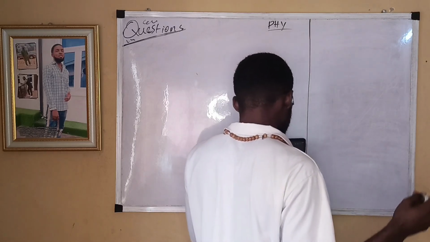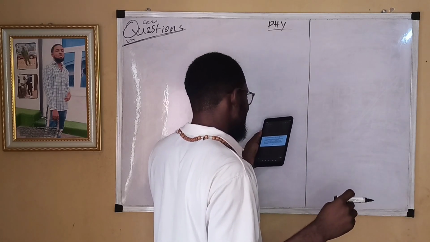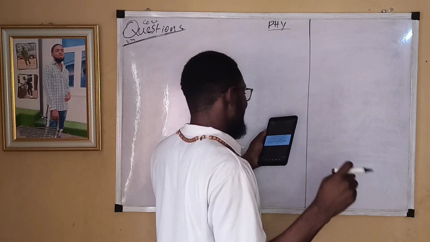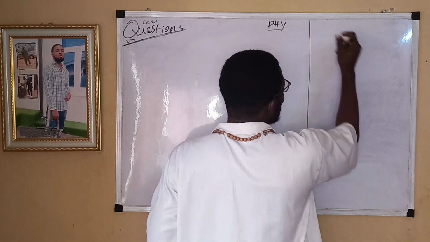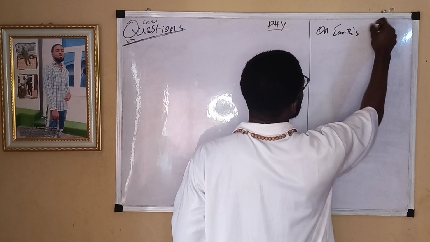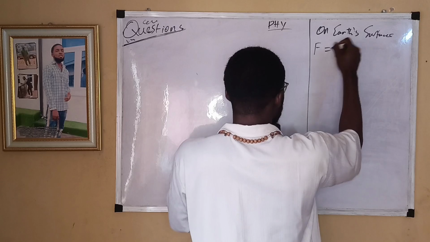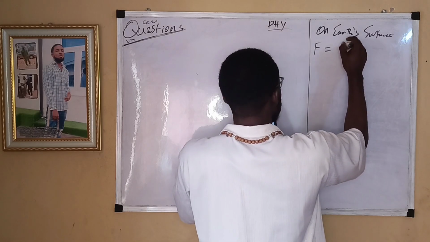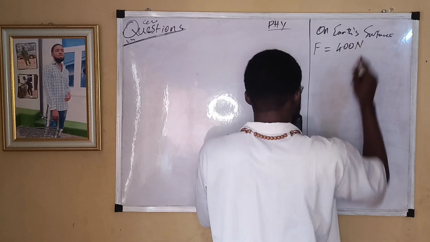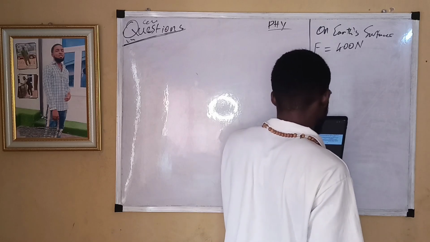So, from what we have here, we have the missile weighing 400 Newton on the Earth's surface, okay, into the atmosphere of altitude.